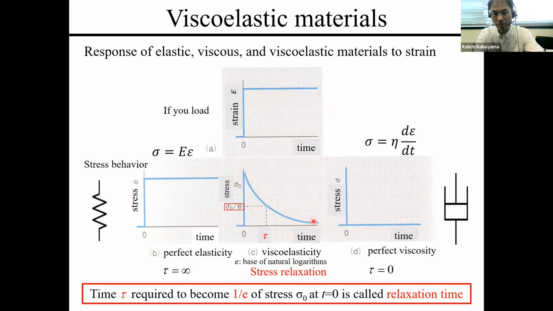This phenomenon is called the relaxation phenomenon, in which stress relaxes. This is stress relaxation. And the time at which the stress becomes 1 over e, where e is the base of natural logarithms, is called the relaxation time.